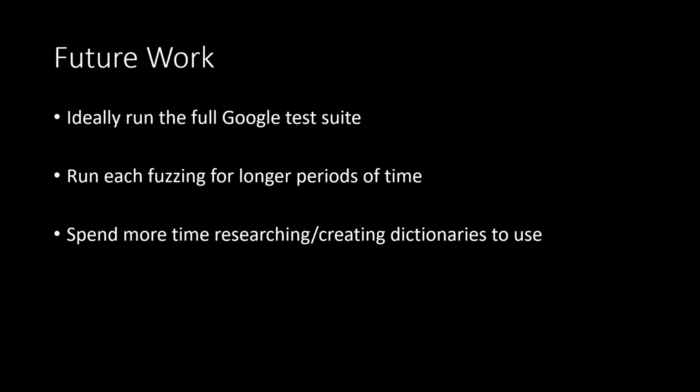I think if we had a lot more time to do this research into the dictionaries, we could really pull out a decent number of crashes from these programs. And I think dictionaries are a very big improvement to the AFL fuzzer that we've discovered. But in terms of everything else, that sums up our experience and our improvements.